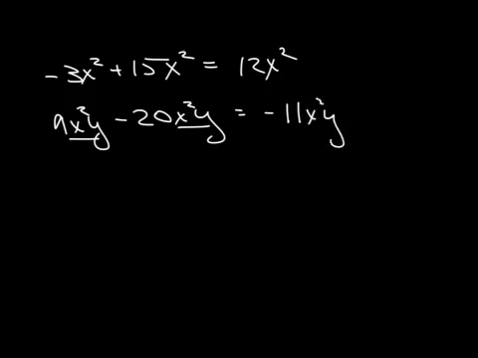And I get that. If I have 5x squared plus 8y squared, I can do nothing. I have to leave it alone because I have two different variables.